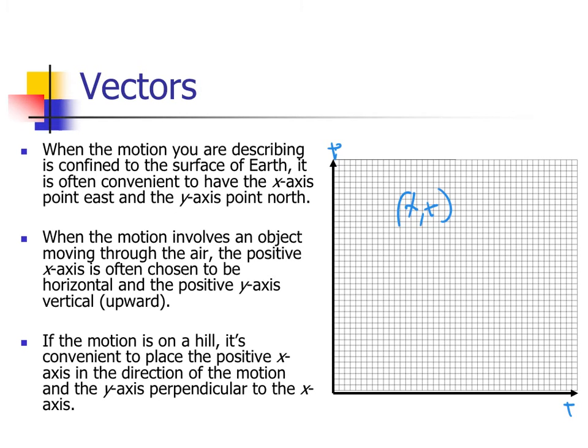Now, one of the other things that we will tend to do on these types of problems is we will see that we have some other things going on. The motion involves moving through the air. A lot of times we're going to see objects falling off a cliff.